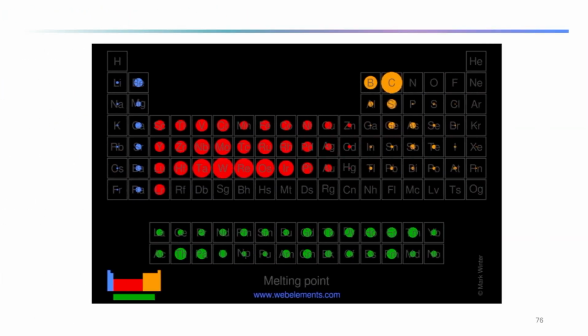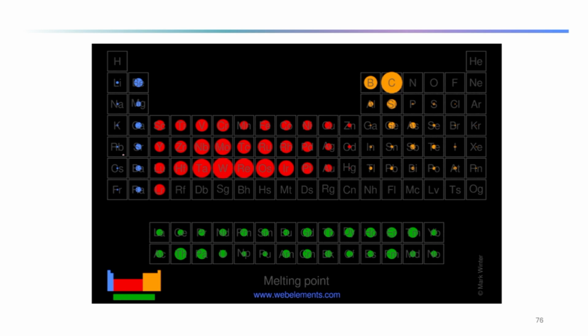Now this is the periodic table showing the periodic trend of melting point. If you go from left to right, first the melting point is increasing. If the circle is bigger, that tells the melting point is more. And if the circle is small, the melting point is very low, and it easily melts.